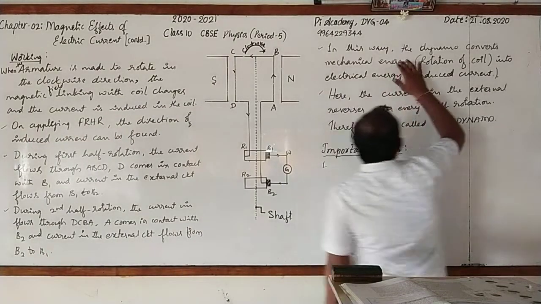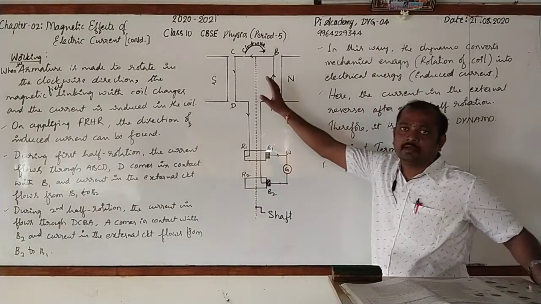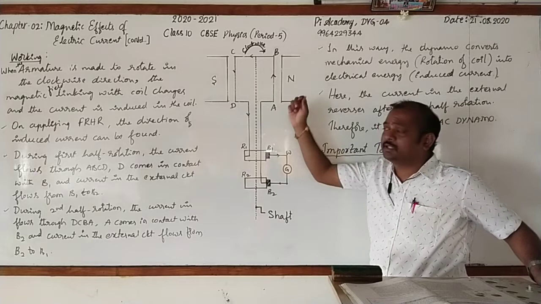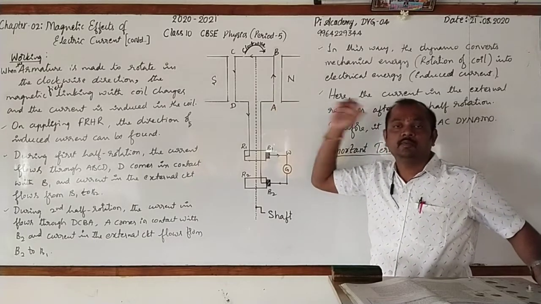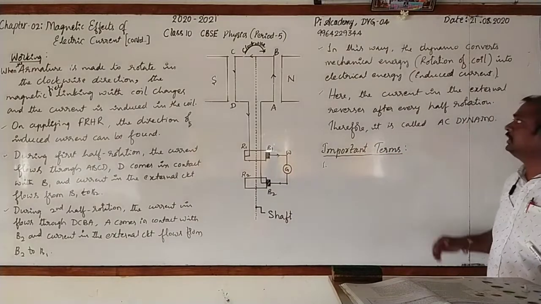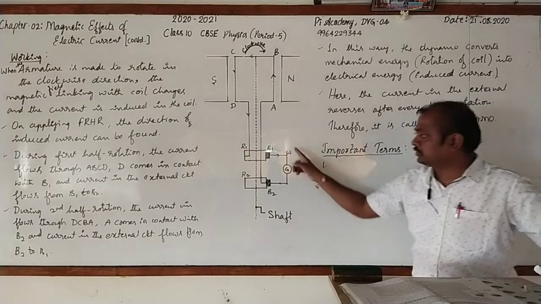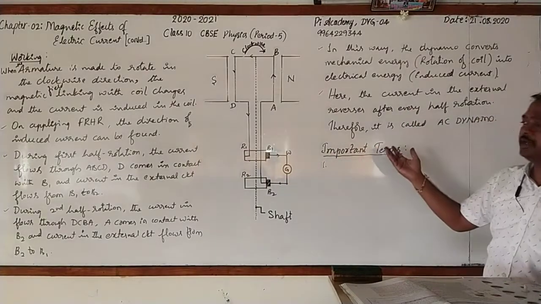Here, you can come to know that in this way the dynamo converts mechanical energy, that is rotation of the coil, which is mechanical energy, it is converted into electrical energy, is nothing but induced current. Then here the current in the external circuit reverses after every half rotation.